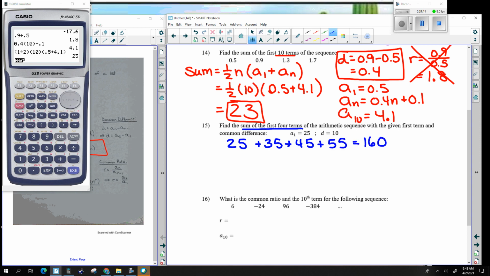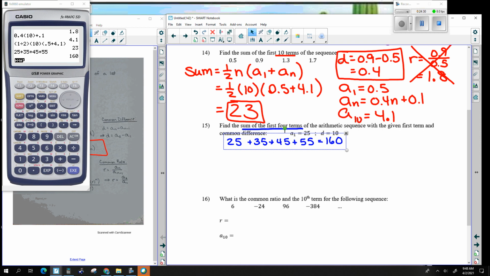I think it was on the last video. I think that adds to 160 or 180. $160, yeah. Because the set is so small, you can do it this way.